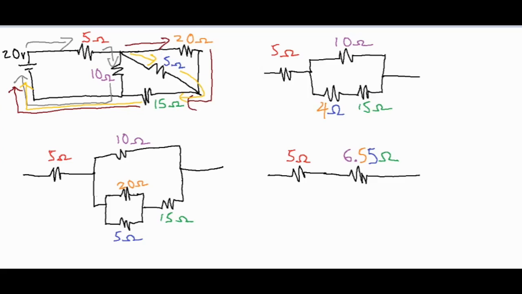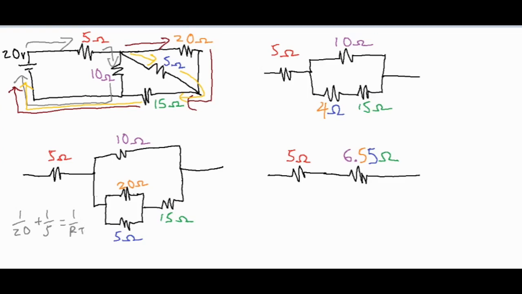Now from there, we're going to collapse it 2 more times. The way we're going to do that is we're going to take our 20 and 5 ohm mini parallel circuit and work that down into a single resistor. How we're going to do that is we just add up the inverse of each of them, 1 over 20 plus 1 over 5, and set that equal to 1 over RT.